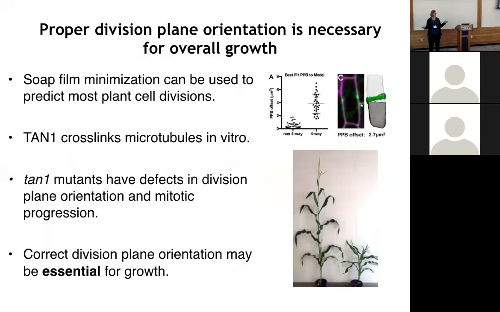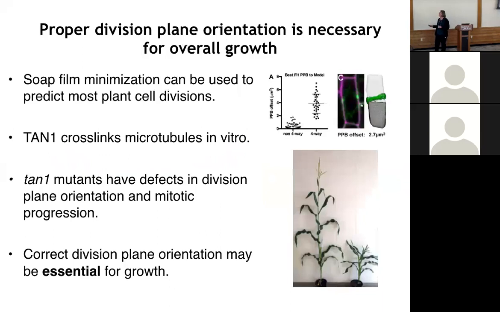Now, you guys work on phenotypes that have massive importance for agronomic traits. For me, this is very exciting to talk about how something that I think of as a very fundamental process, division plane orientation, might actually be essential for growth, whether it's directly or indirectly, we don't know.